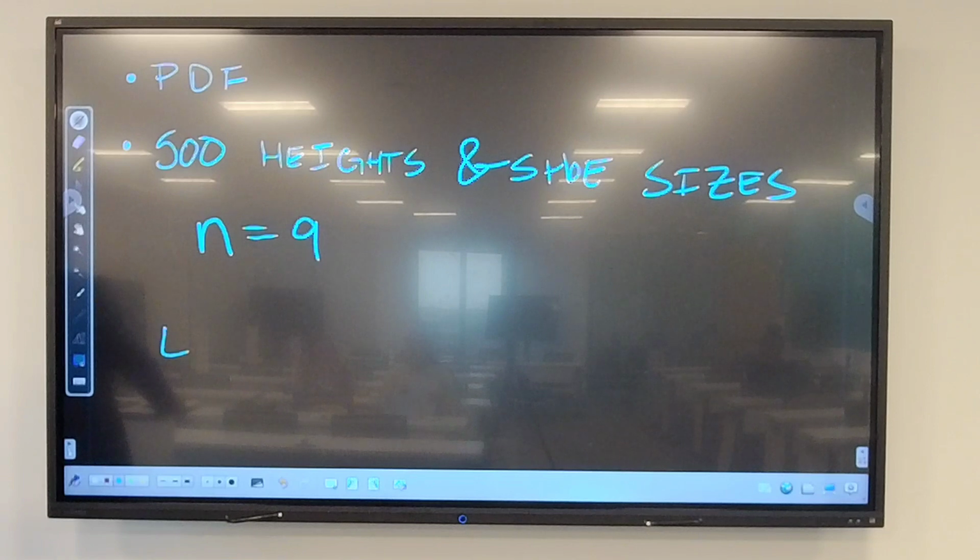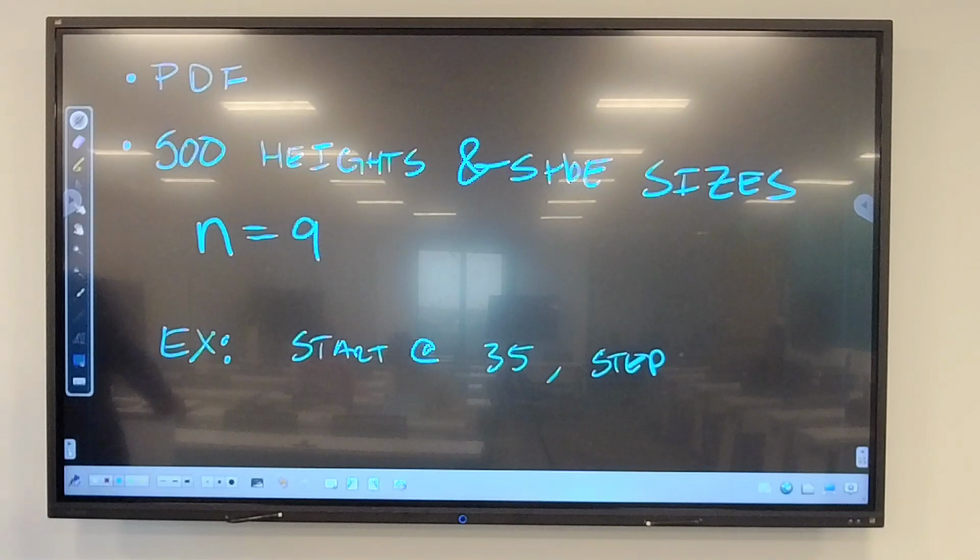So for example, I could say I'm going to start at number 35, and then my step size would be 6. Okay, so then the first one in my sample has number 35, right? And the next one is 35 plus 6.